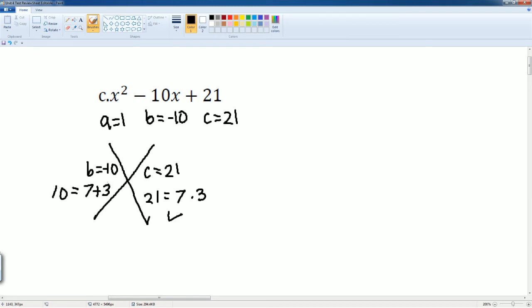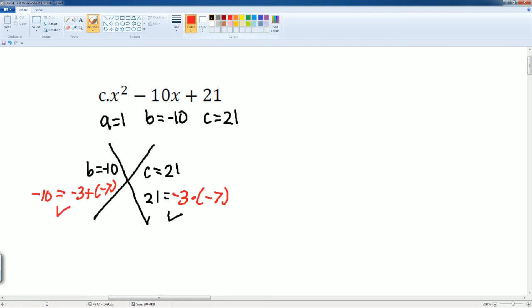That doesn't work. So it seems like I should make both numbers negative. If I make both numbers negative, -3 times -7 still gets me 21. But now when I add them, it should get me -10 because both numbers are negative. -3 plus -7 does get me -10.